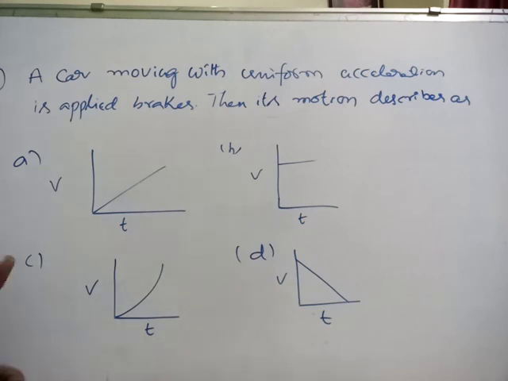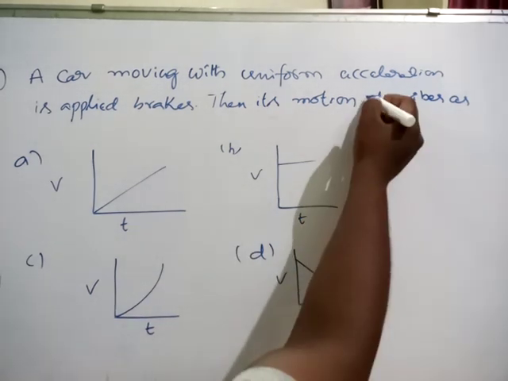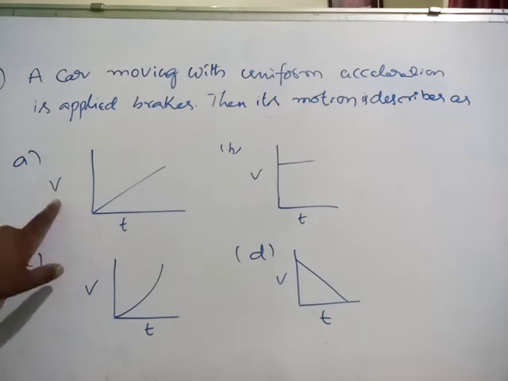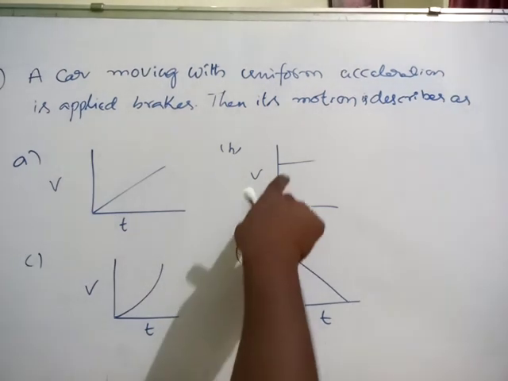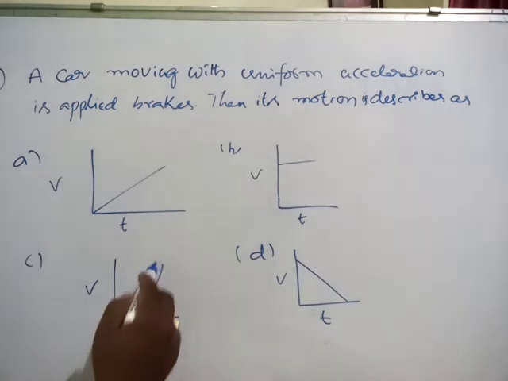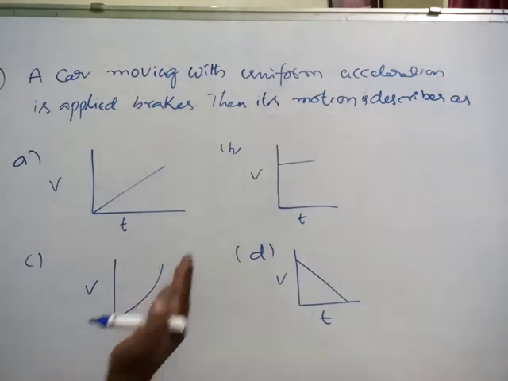Based on the graph, one question is given like this: a car moving with uniform acceleration is applied brakes. Then its motion is described as. The graph is between velocity and time. One option indicates uniform motion. Another indicates constant acceleration. In another the velocity is increasing, because it is showing an upward direction.